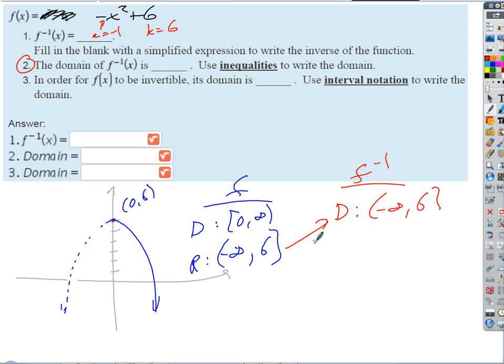Okay. So if I want to write that as an inequality, what's that look like? Negative infinity. Okay, but as an inequality, so not using interval notation, but as an inequality. So x is what?